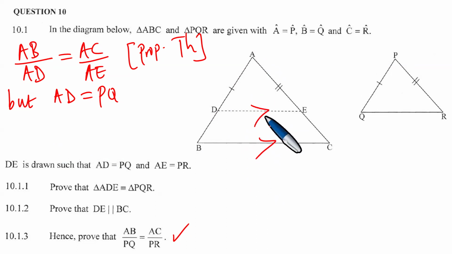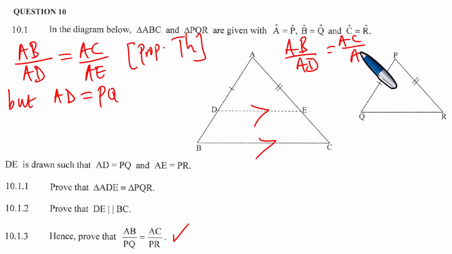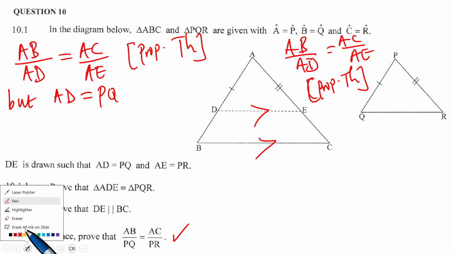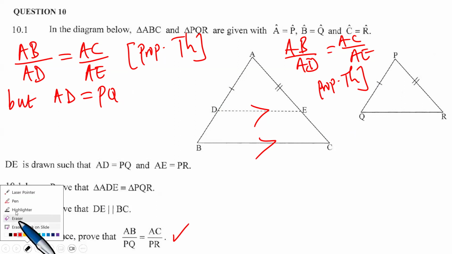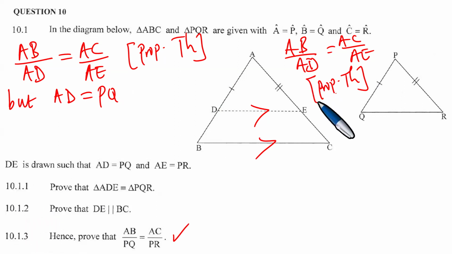If these two lines are parallel, then we can say AB over AD is equal to AC over AE, and this is the proportionality theorem. Right, so we continue.